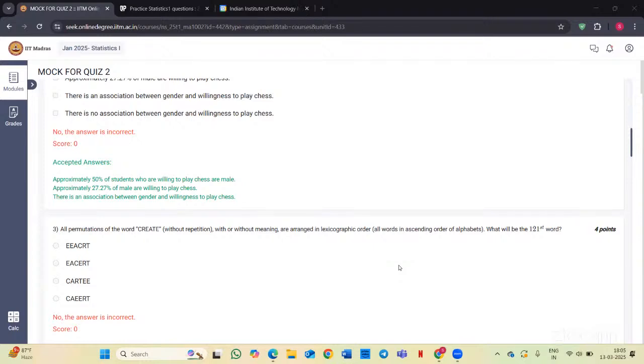What the third question is saying: all permutations of the word CREATE, with or without meaning, are arranged in lexicographic order. What do you mean by that? That all the words are in ascending order, like in a dictionary. Okay. So what will be the 121st word? You have to find that out.